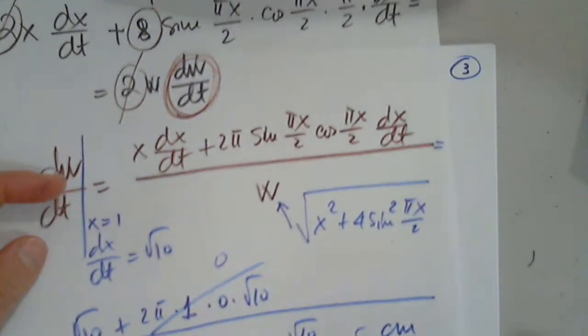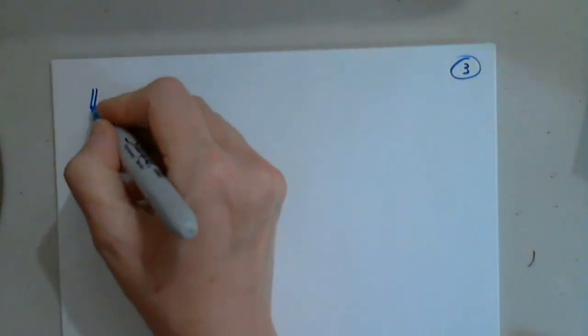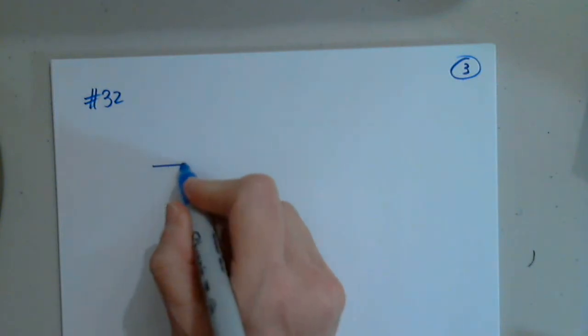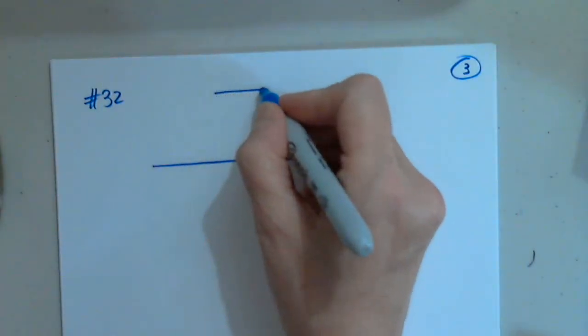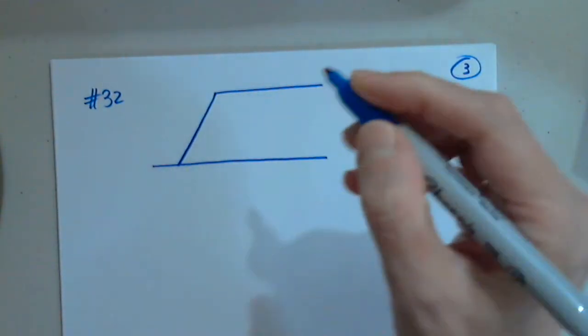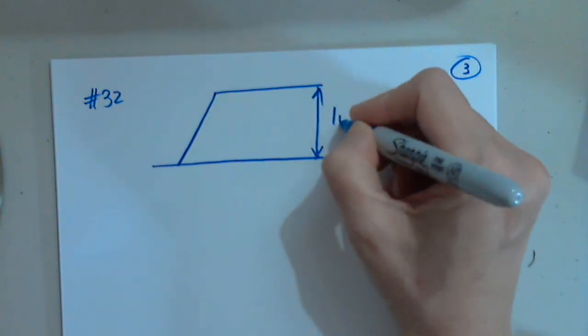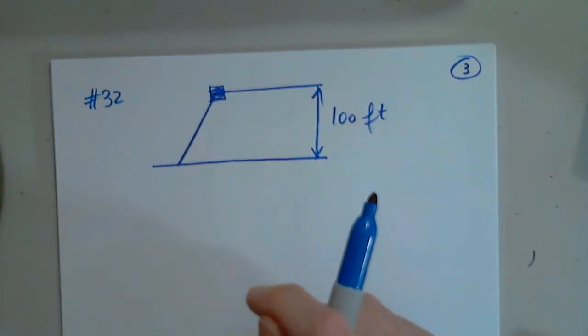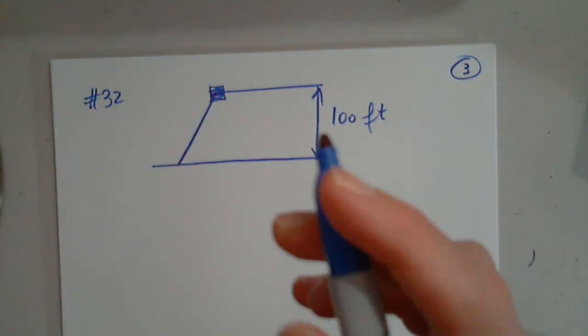Thank you. Perfect. So now we're looking at 32. Let's take a look. Okay. So a kite 100 feet above the ground moves horizontally at a speed of 8 feet per second.